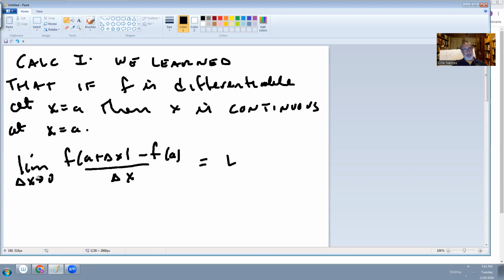And then we learn that delta x equal 0 is strictly not in the domain, so we can multiply both sides by delta x. Let's rephrase that. We can multiply both sides by the limit as delta x goes to 0 of delta x.